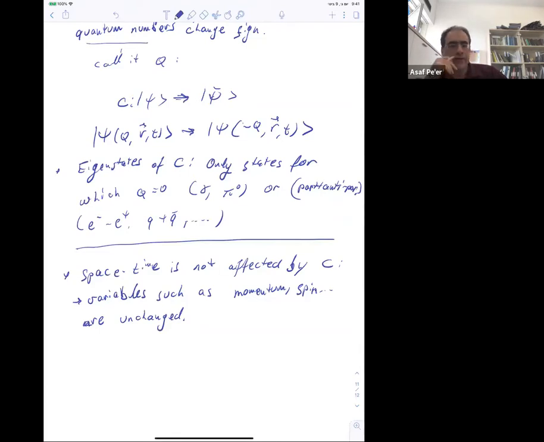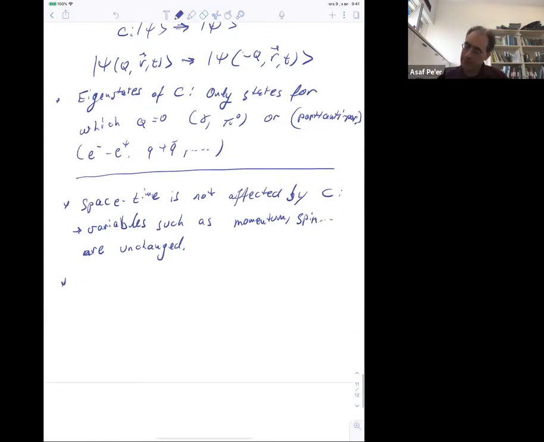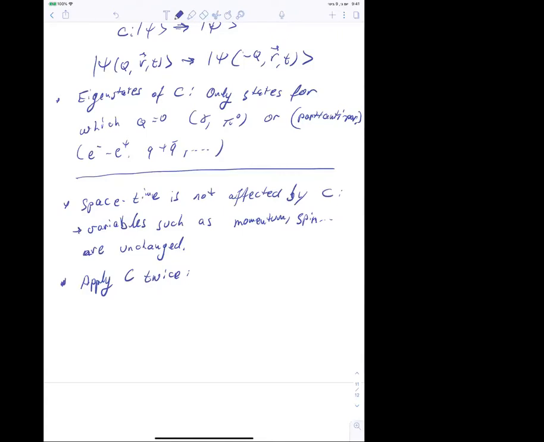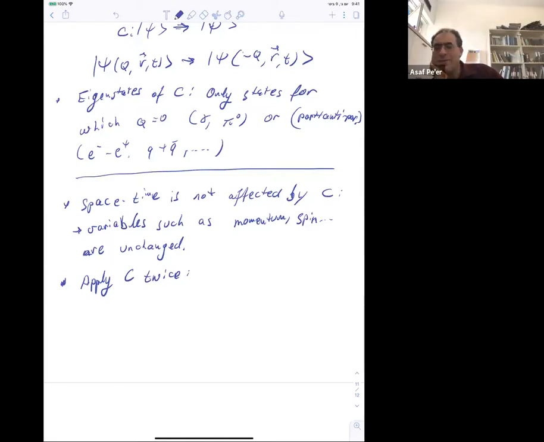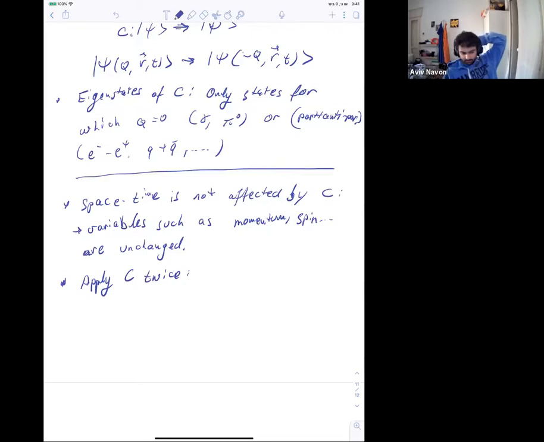Again, similar to P, if I apply C twice, what do we get? What happens when I apply C twice? Nothing, I go back to the original state.